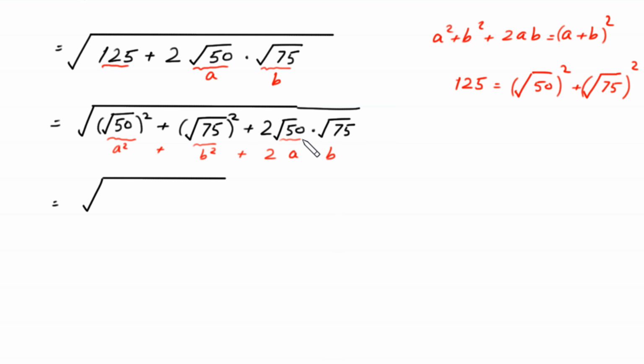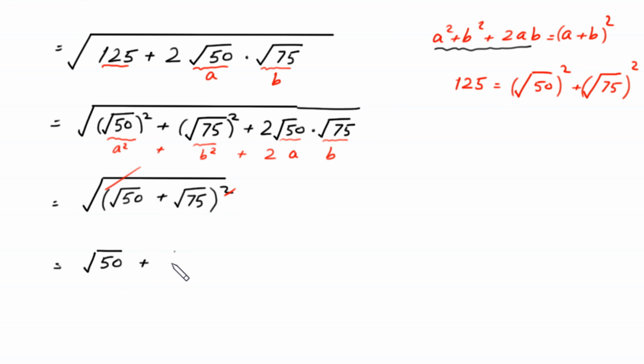As a squared plus b squared plus 2ab is equal to a plus b whole squared, this whole expression is equal to square root of 50 plus square root of 75 whole squared. Now this square will be cancelled with this square root.